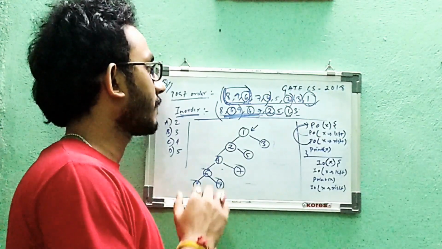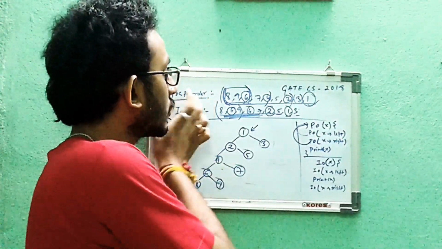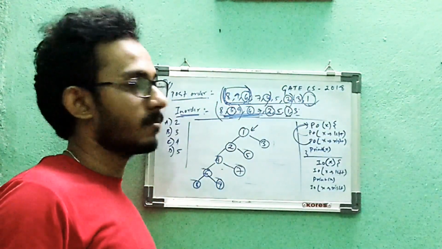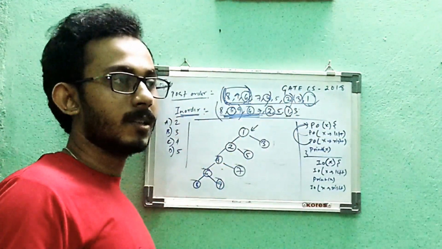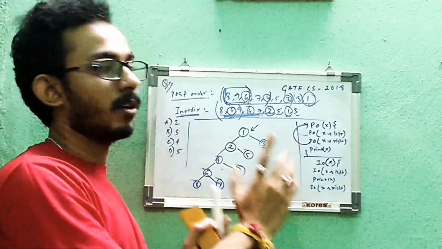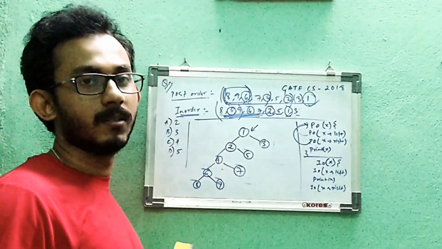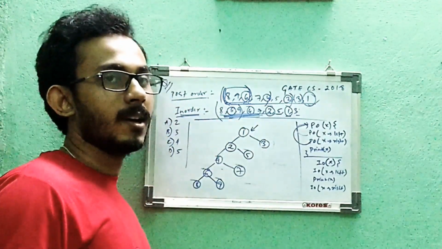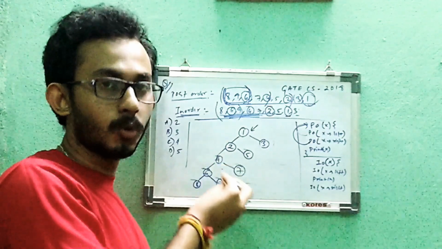So what I have done is, I have used the post order to find the root nodes. Okay? Because in post order, the root node will come at the end of the tree traversal. So using this key point, I have found out the root node.